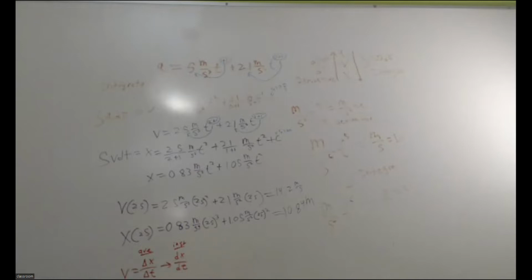And then for your acceleration, you also have delta v over delta t. And then you're going to turn that delta into dv over dt, right?